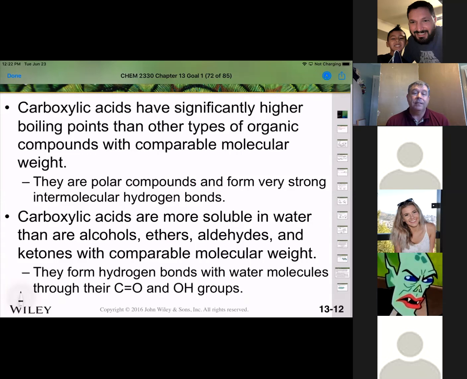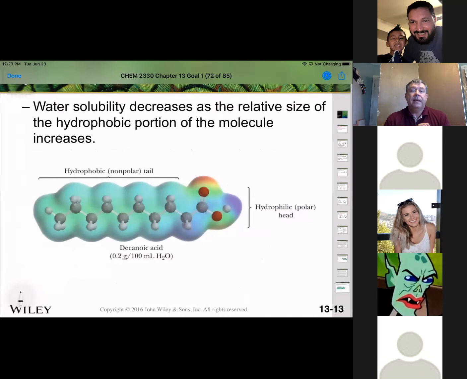So carboxylic acids tend to be the most soluble of the organic compounds in water. And it also has some acid-base properties that we'll talk about next. Okay, so even though we have this very long chain right here, and in the case of this compound here, we have what we call decanoic acid, which means it has 10 carbons in the chain, okay?